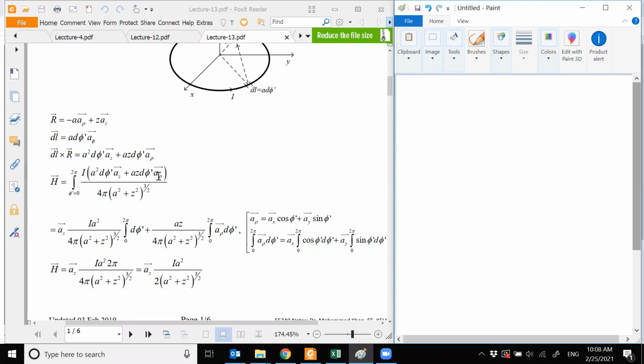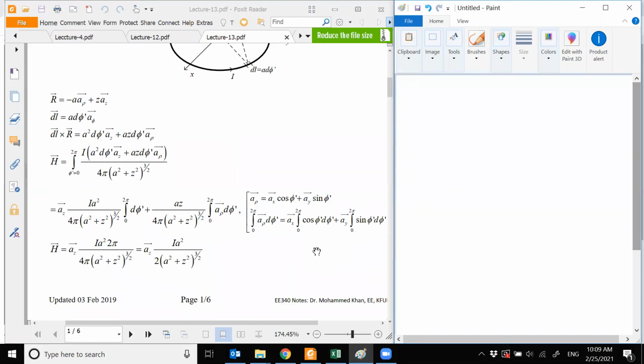But can you take a_rho outside the integral, where the integral is with respect to d phi? No. This is very similar to the assignment question, which I emphasized. Here you cannot take it outside. So in order to solve this, you have to convert your a_rho unit vector into Cartesian coordinates, where you will see that it is a function of phi. Then you do the integration in Cartesian coordinates, and you can get the answer in Cartesian coordinates. Later, if you want, you can convert it into cylindrical coordinates.